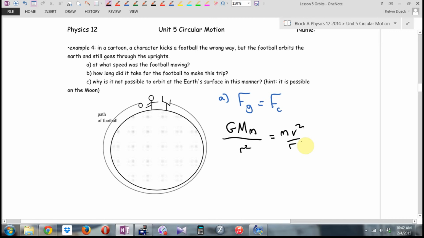Did they need to? That's why they didn't tell me. Oh, and one of these r's will cancel. In fact, I could have gone straight to v orbit equals the square root of big G, big M over R. But I derive it because it's a fairly cool derivation, and I'll memorize stuff that's tough to derive.